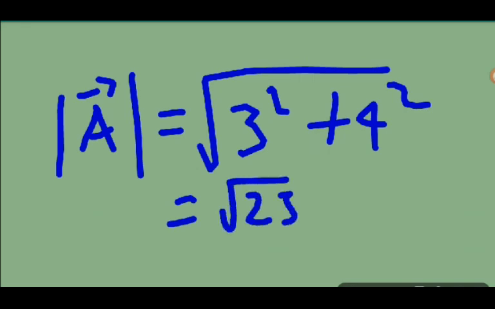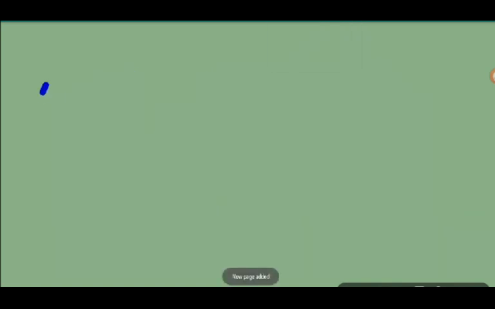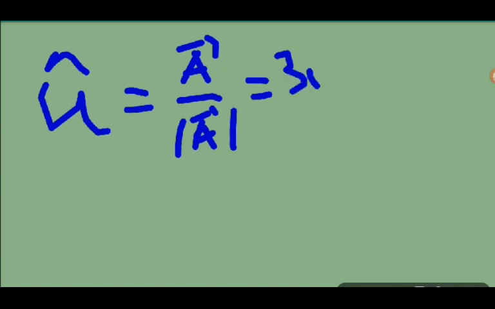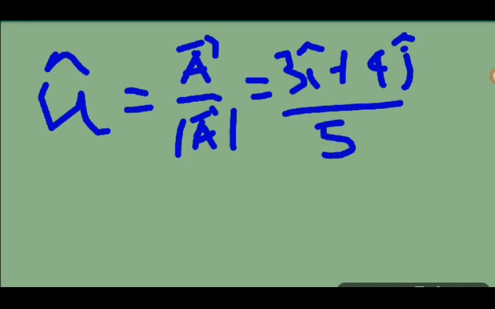Therefore, the unit vector is equal to vector A over magnitude of A, which is equal to 3 in the i plus 4 in the direction of j divided by 5. So this will be equal to 3 over 5 in the direction of i plus 4 over 5 in the direction of j.